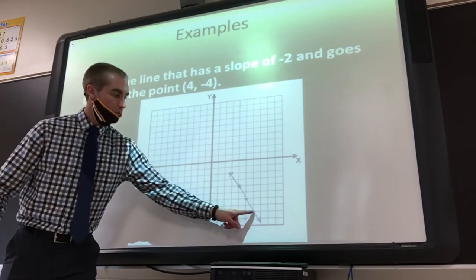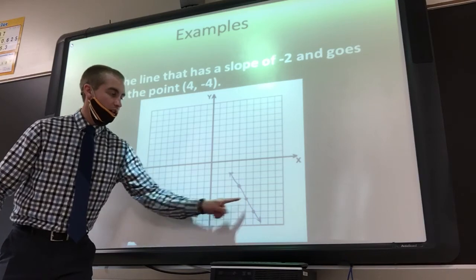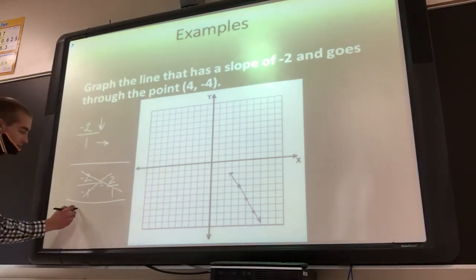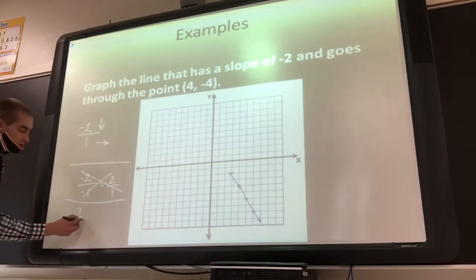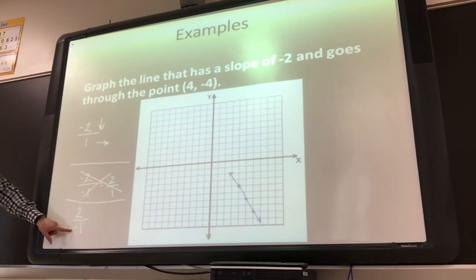You see that? We're going from one point to the next, we go up and to the left. Because up would be +2, but then left would be -1. And so one of these is negative. That's the same thing. So these two are the same thing as each other.